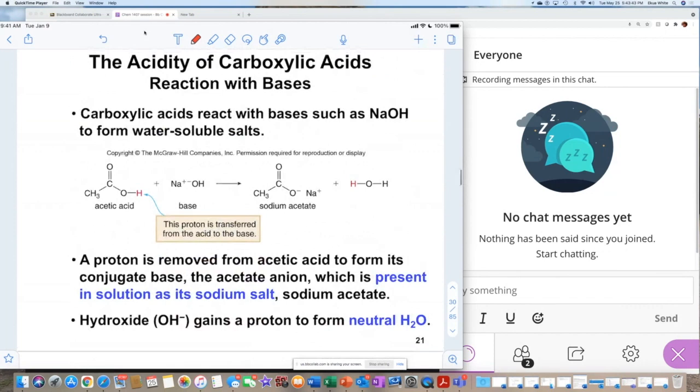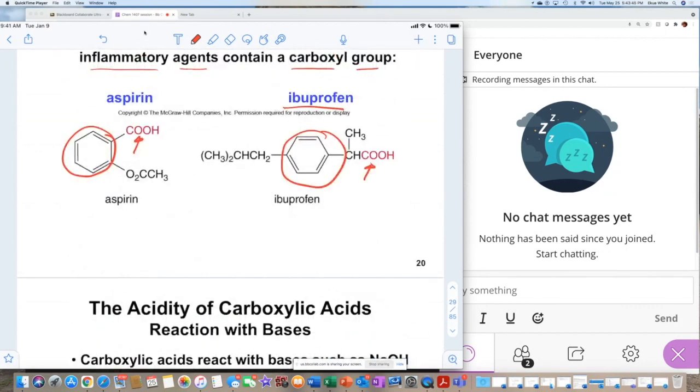Oh, they don't. Okay. So one of the issues with aspirin is that the carboxyl here can irritate your stomach, because remember it's an acid. So sometimes they tell you maybe take it with food, don't take it on an empty stomach.